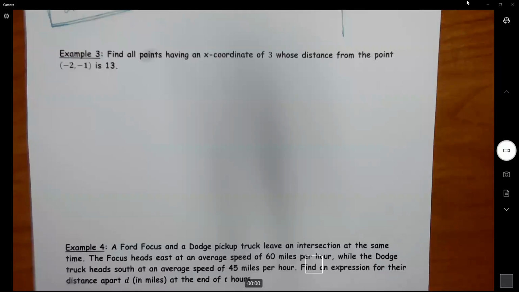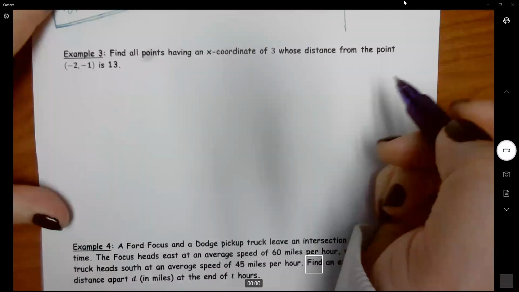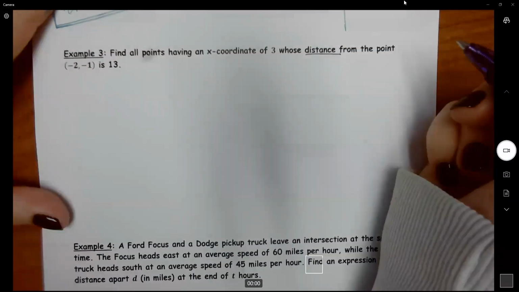In this video, we'll go over 2 application problems using the distance formula. Find all points having an x-coordinate of 3 whose distance from point (-2, -1) is 13. So it tells me in here distance.